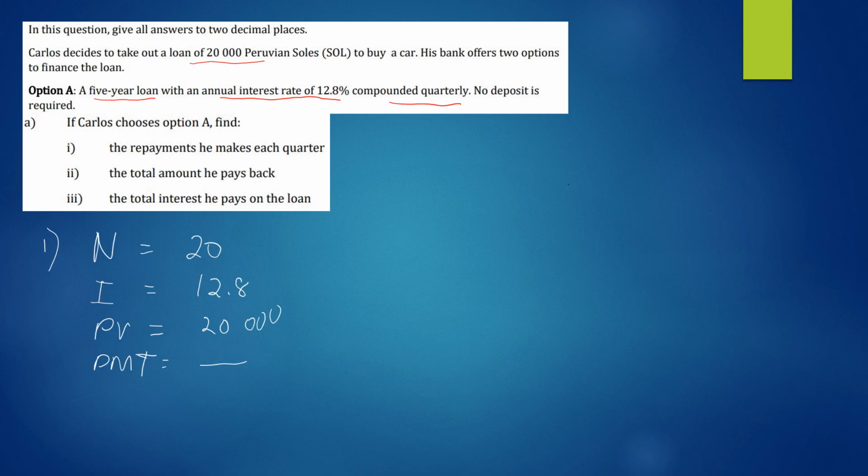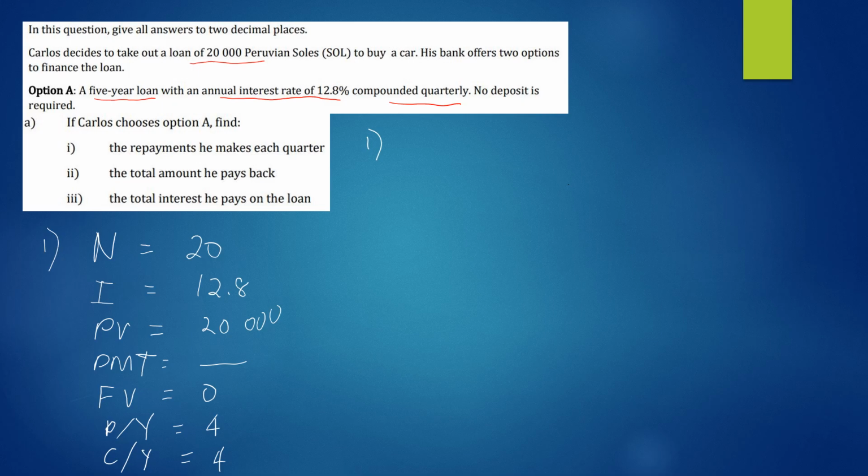And then you have, what else? Future value, it's going to be 0 when you have fully repaid it. And then PY is 4 quarters in a year. And the compounding situation here is 4 because it's quarterly. Now you will have your PMT to 2 decimal places.